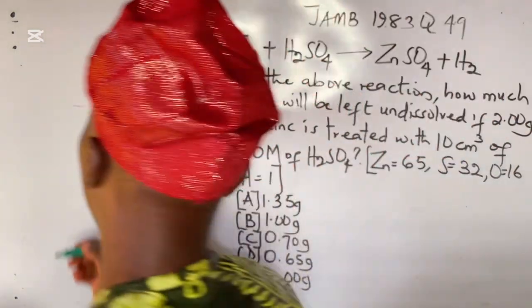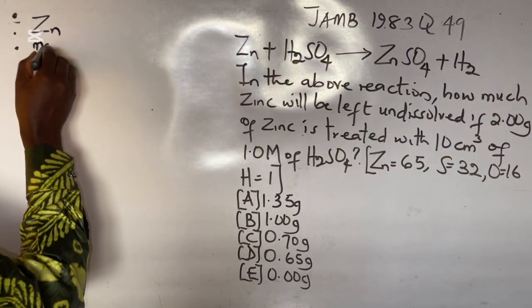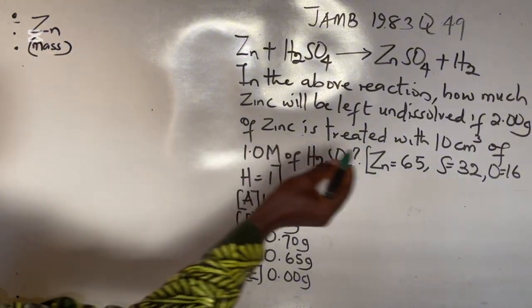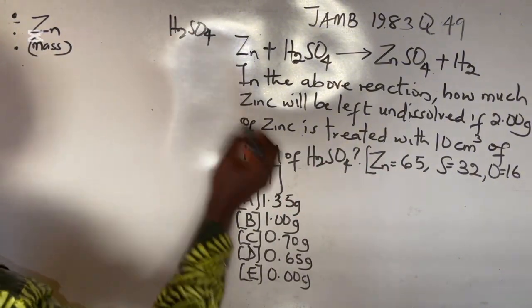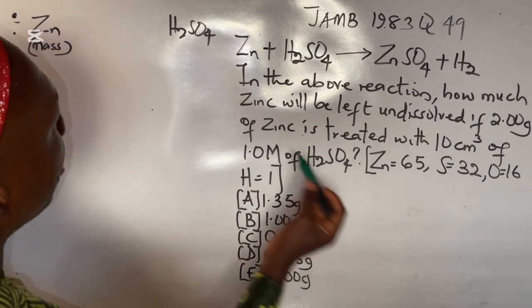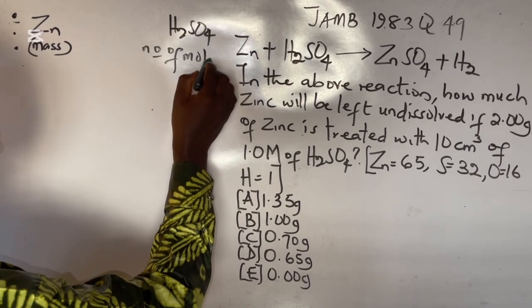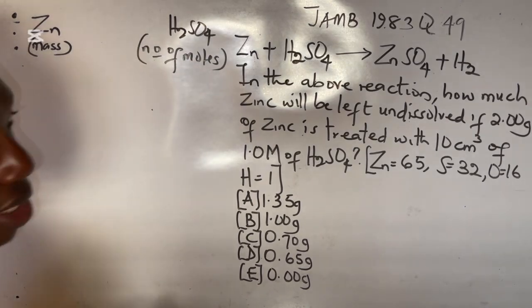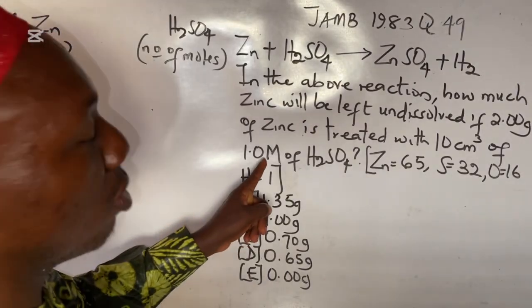So we have zinc, that's the mass, and H2SO4 are giving 10 cm³ of 1.0 molarity H2SO4. That's the number of moles. So this question is testing our knowledge on number of moles.